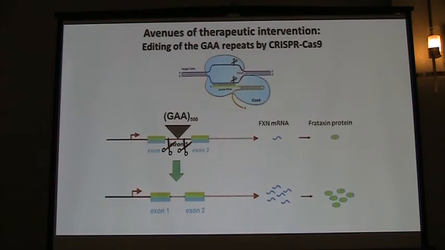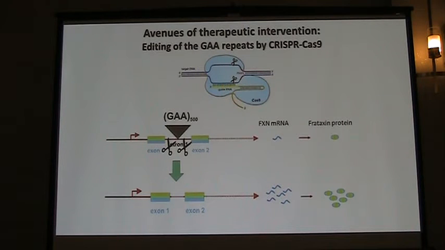Another strategy, and we had a question earlier about that, is to use CRISPR-Cas9. So we heard earlier that the problem with the gene is the presence of this repeated sequence, GAA. So it's easy to think that if we remove the GAA repeats, then the gene becomes active again.